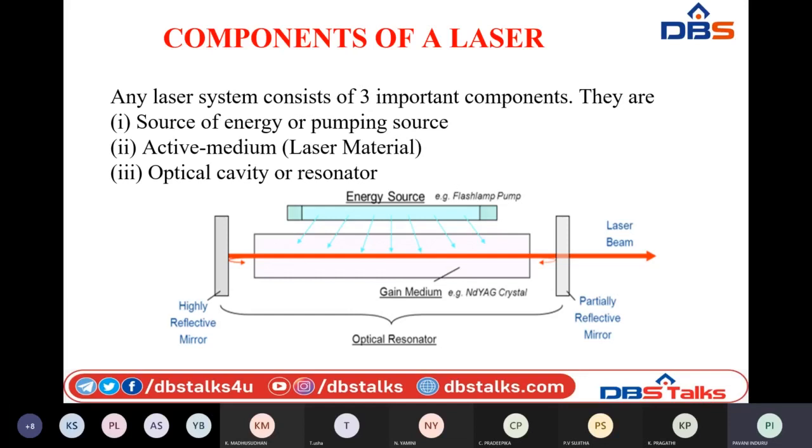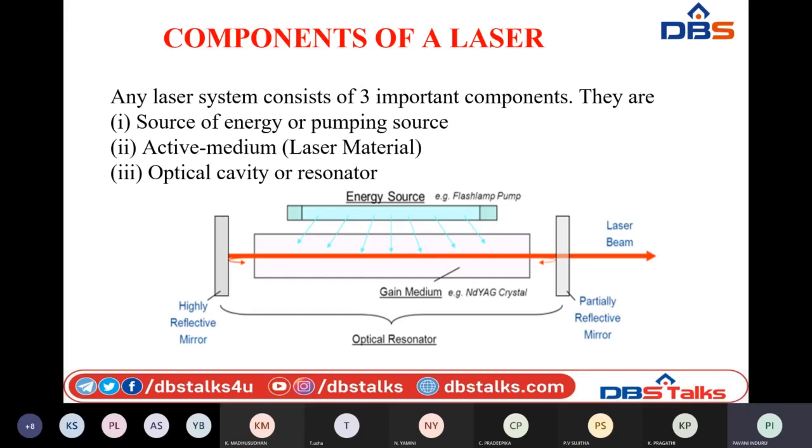Next, coming to the active medium. The active medium is the medium in which the laser action takes place. That means the population inversion is achieved and then the stimulated emission takes place. We supply energy to the active medium such that the molecules, atoms or ions present in the active medium go to the upper energy states by absorbing the energy supplied by the pumping source.